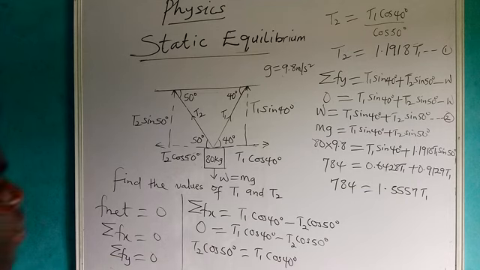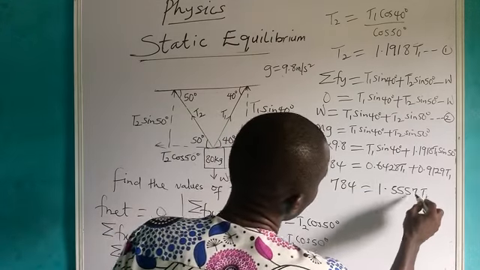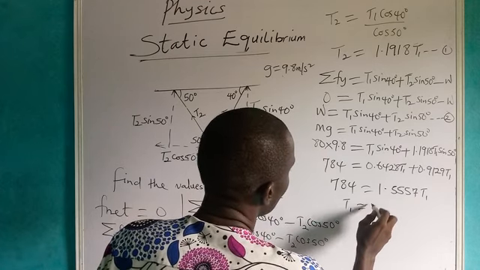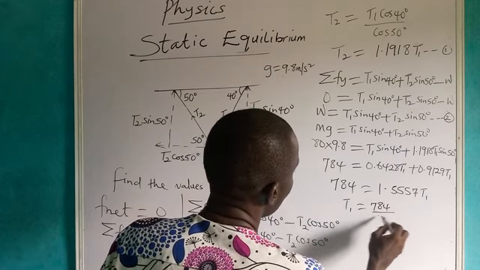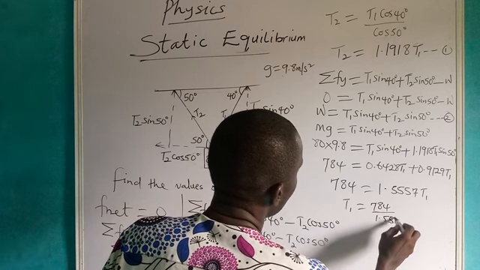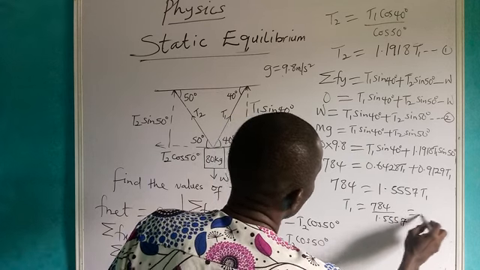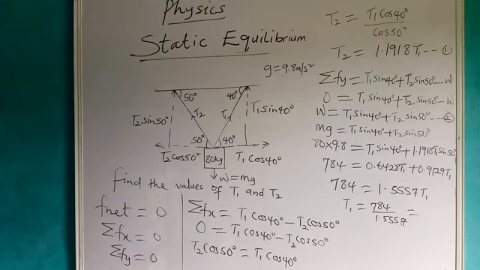Now I can divide by the coefficient of T1. I will have T1 equals 784 divided by 1.5557, and when I divide that, I'm going to have 503.95.